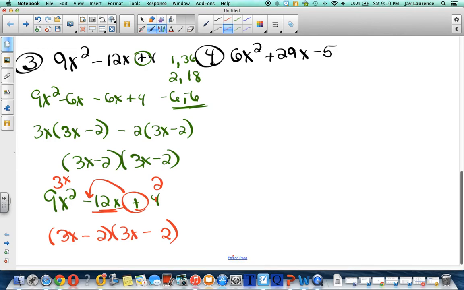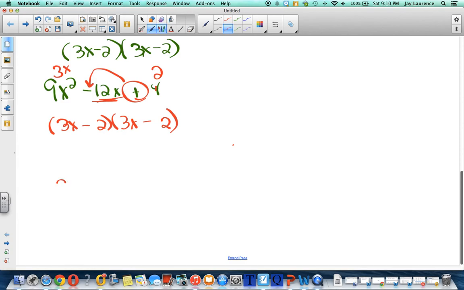Well, check it out. If I have a perfect square in A's position, and I have a positive perfect square in C's position, if the middle number is twice the product of the square roots. So for example, the square root of this is 4.